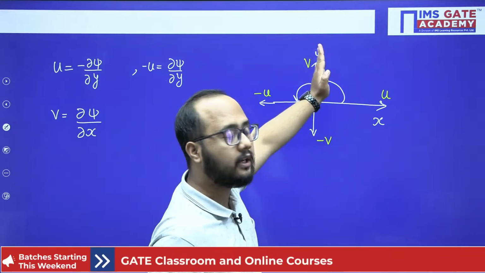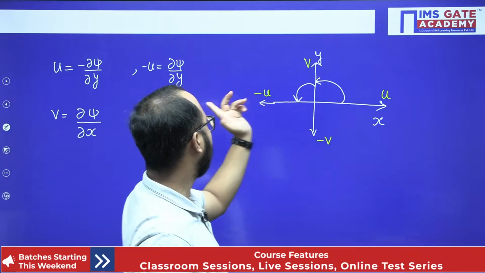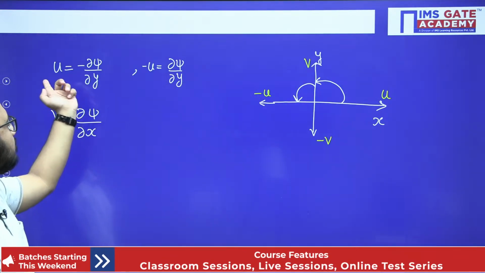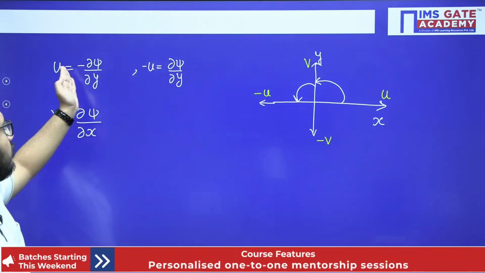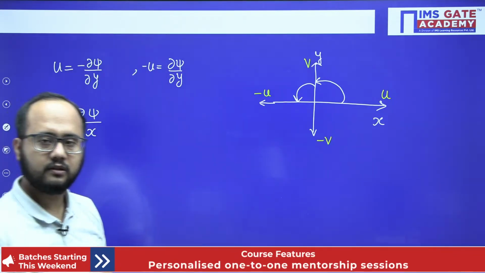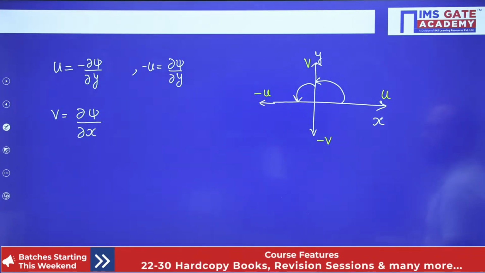In y direction, if I take the derivative of the stream function, I will get minus u. So I have put that negative sign here itself: u equals to minus dou psi by dou y. I hope this particular point is clear to everyone. Very basic point. So the velocity components are clear.